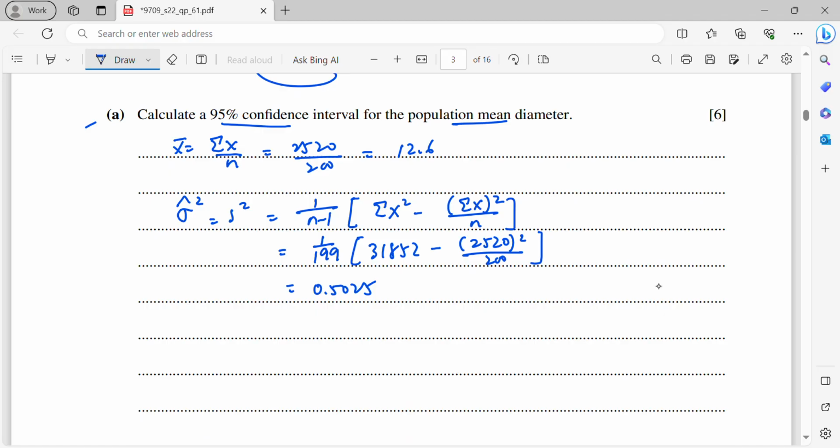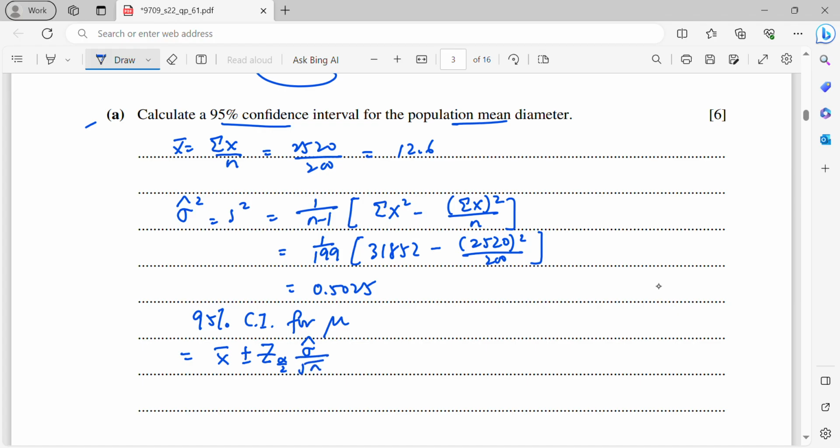Alright, now the 95% confidence interval for population mean diameter, which is mu. The formula is x bar plus minus z alpha over 2 sigma hat over square root n.